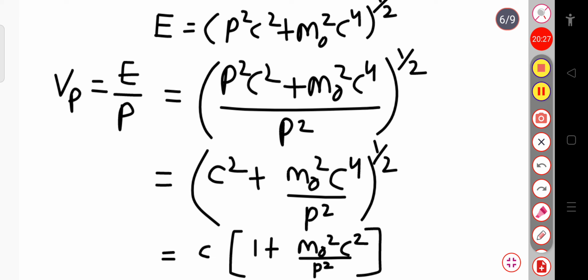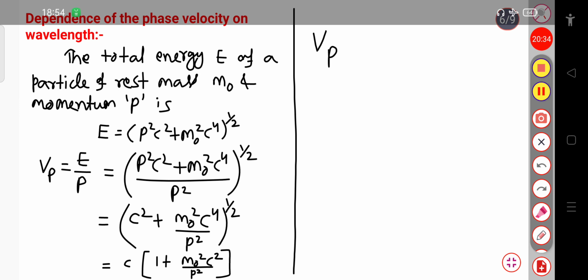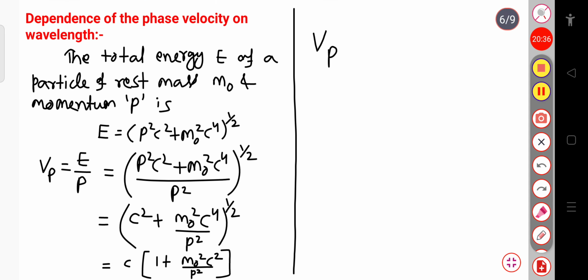Now this Vp will be equal to, if I put P equal to h by lambda, because we know lambda equal to h by p, so we can write p equal to h by lambda.